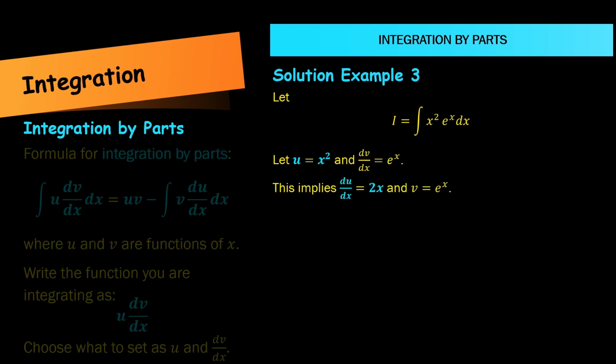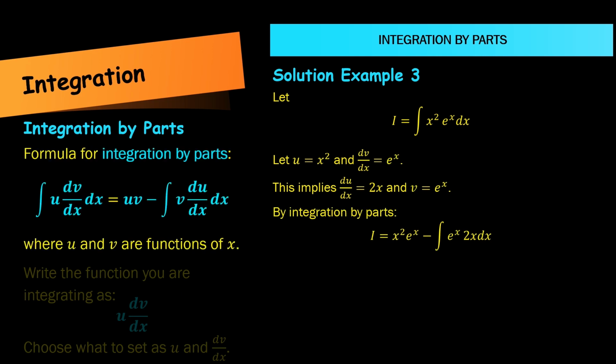So differentiating u equals x squared gives us du dx equals 2x, and integrating dv dx, as we said earlier, is v equals e to the power x.